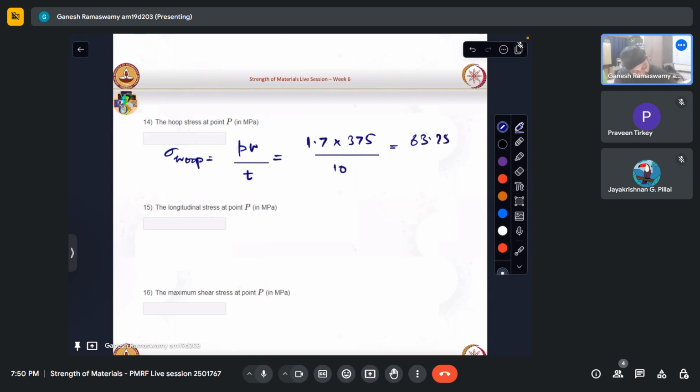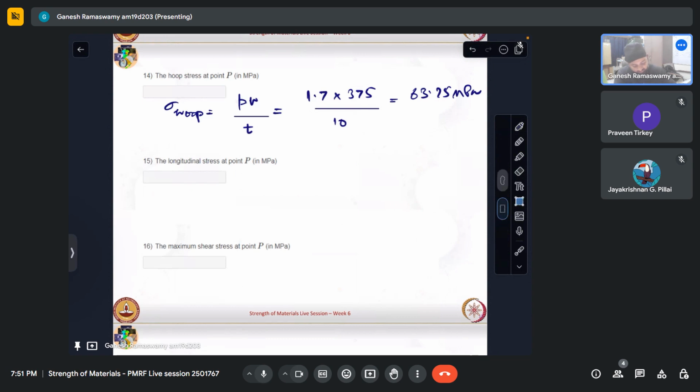And the longitudinal stress is asked. We know that the longitudinal stress is half of the hoop stress, which will be nothing but 31.875. The maximum shear stress at this point is asked.